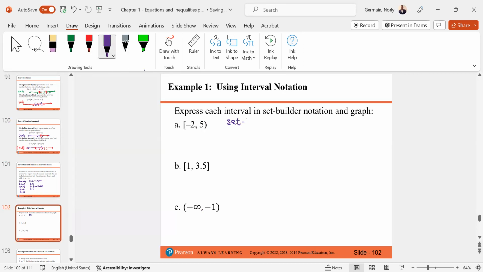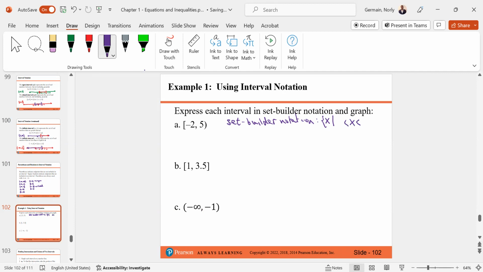Set builder notation, we said, is x such that, with the vertical slash meaning such that. x between what?